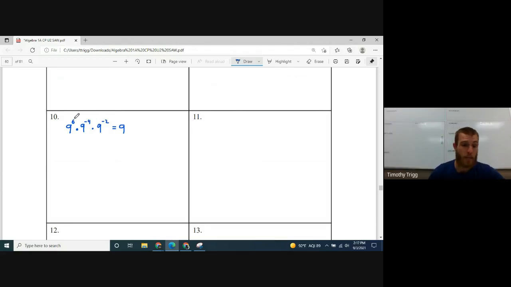When we add 6 plus negative 4 and then plus negative 2, that's the same as saying 6 minus 4 minus 2. So what's that? What's 6 minus 4? Well, that's 2. 2 minus 2, that's 0. So this would be 9 to the power of 0. Well, what does that equal? Doesn't that equal just 1? Yeah, that's right.